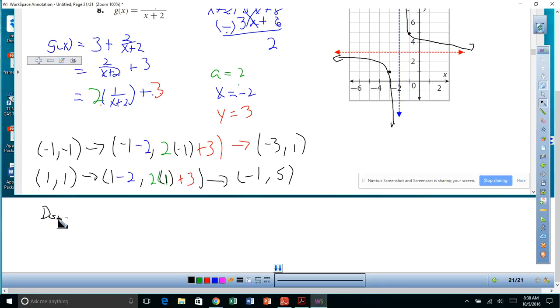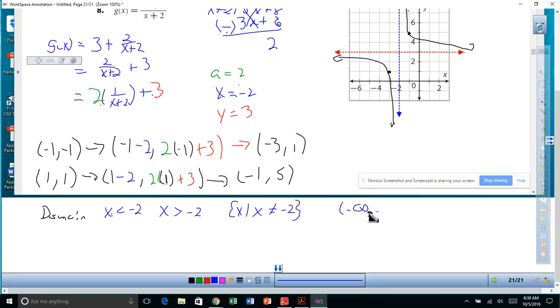So the domain as inequalities: x is less than negative 2, x is greater than negative 2. You got x such that x is not equal to negative 2. And you've got negative infinity to negative 2 union negative 2 to infinity.